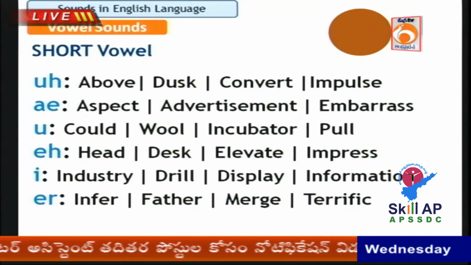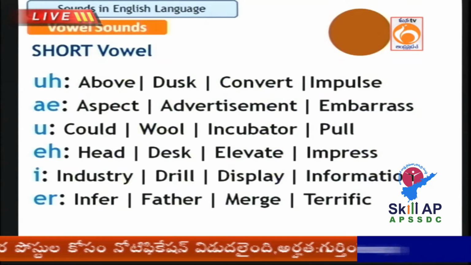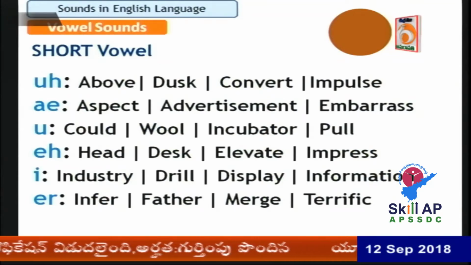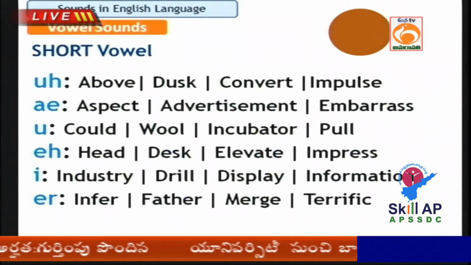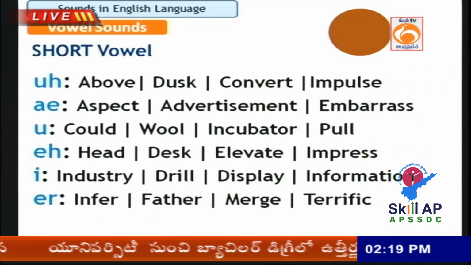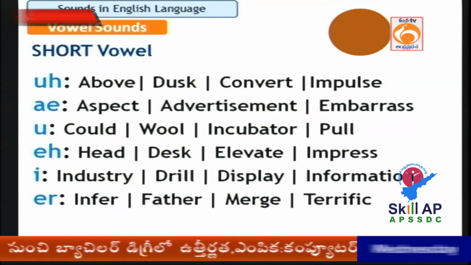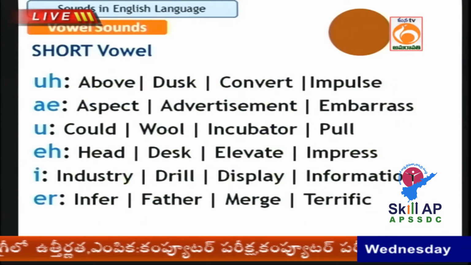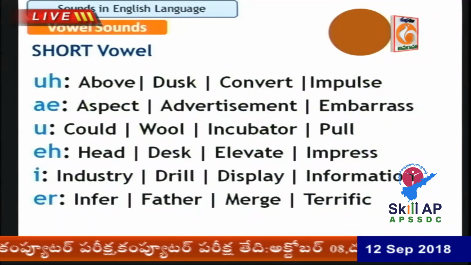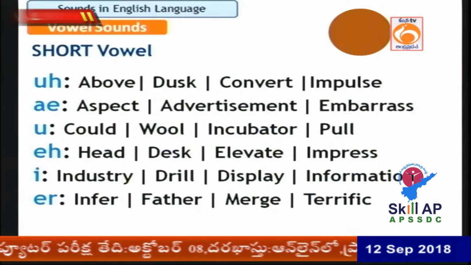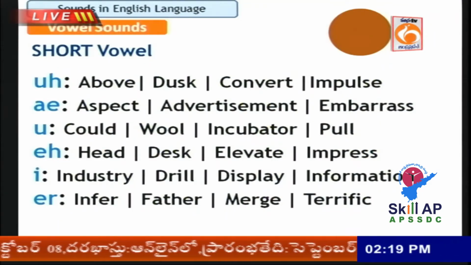For example, infer, father, merge, terrific, or we also have a lot of other words you can look at. For example, inference, we still have the sound. Information, even though it's spelled OR, the sound exists there. So these are some of the examples.